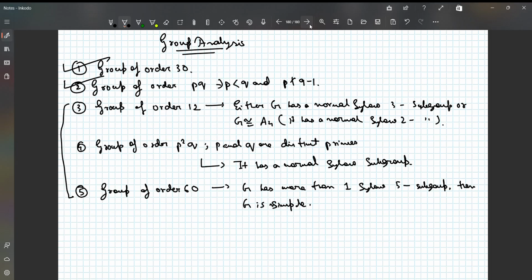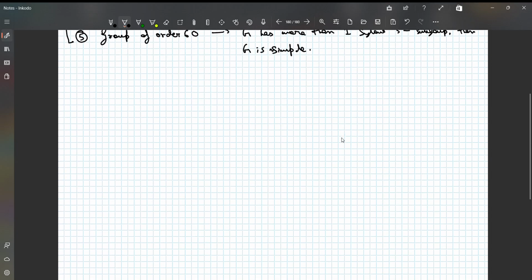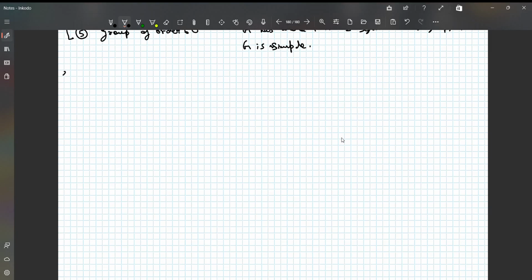Okay. So let's start with a group of order 12. Okay. So number 3. The obvious procedure which we would want to follow is that we would assume that there is no unique Sylow 3 subgroup. And in that case, we show that G is isomorphic to A4.